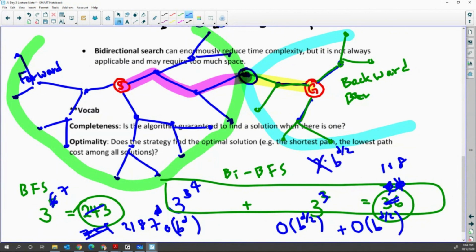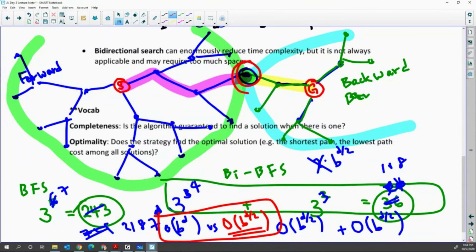We do not count the scale factor. So we can say versus B to the depth over 2. Totally different. Much faster. So bi-directional is very good if you know how to find the intersecting point. This is a kind of challenge though.